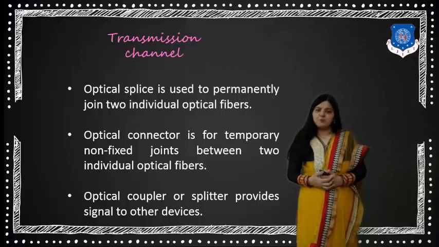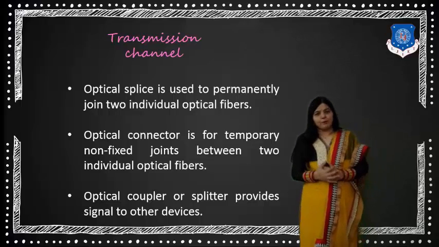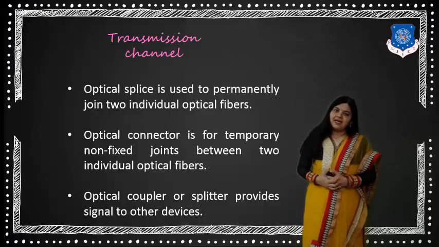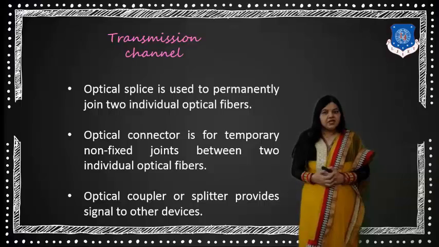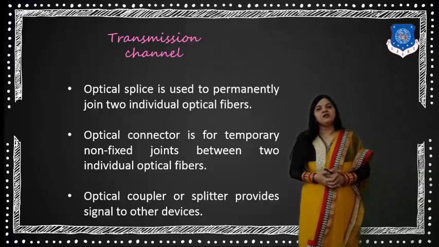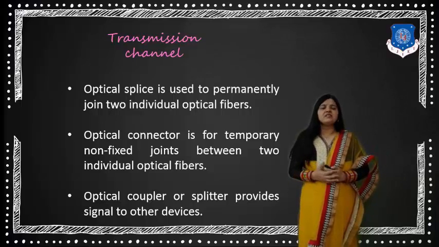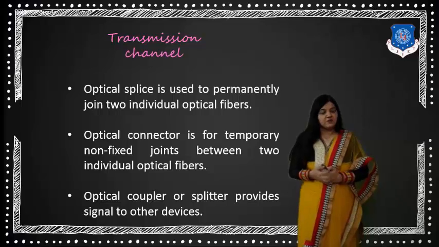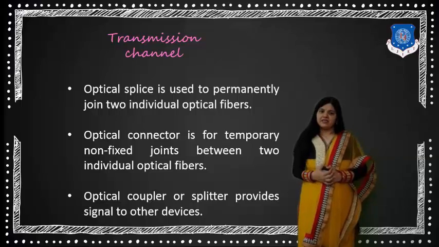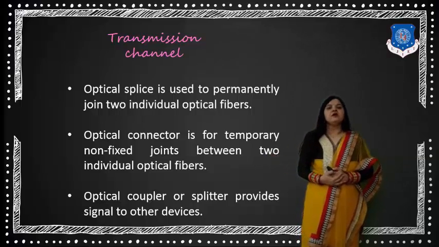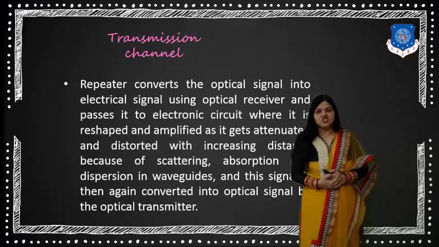Now, an optical splice is also used to join the individual optical fibers. An optical connector is for a temporary, non-fixed joint between two individual optical fibers. The optical coupler or the splitter provides the signal to the other devices. If you are using other devices with the same input, you need to divide it. So that is why you can go for the use of the splitter also. Okay, so that is about the transmission channel.